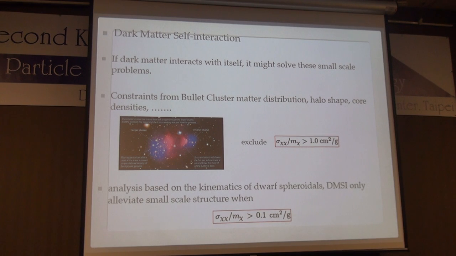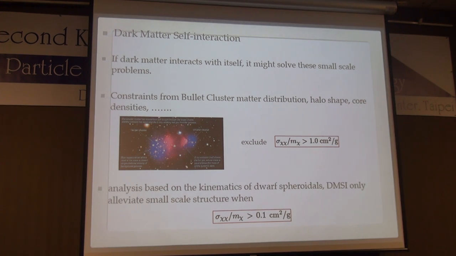Okay, then if we have dark matter self-interactions, this is the constraint. First is the Bullet cluster. It's the famous evidence for dark matter. You see two clusters collide, and the mass centers on the dark matter side while the gas is prevalent. From the Bullet cluster, the dark matter self-interaction cross section over the dark matter mass, if it's larger than 1 in this unit, the self-interaction is too strong and is excluded by this experiment.